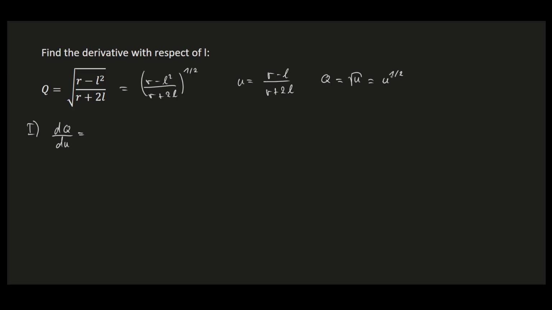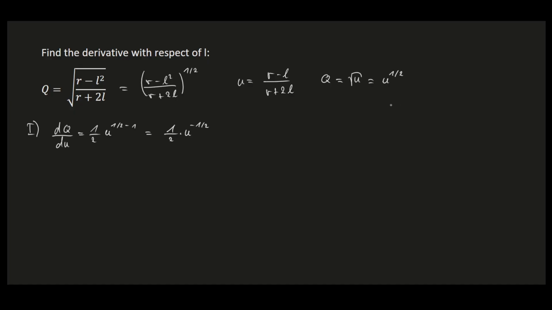With the power rule we can bring this 1/2 in front of the letter u, and in the next step we subtract 1 from this 1/2, so that we have 1/2 times u to the power of minus 1/2.